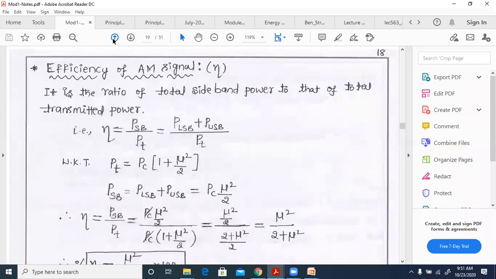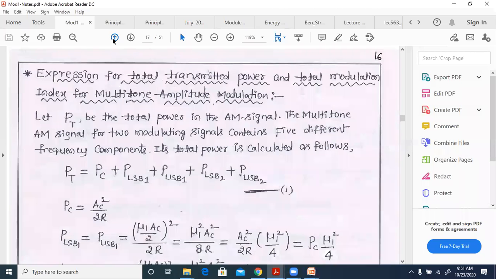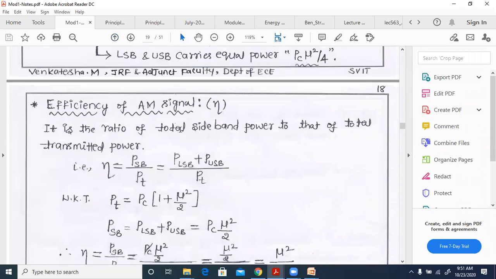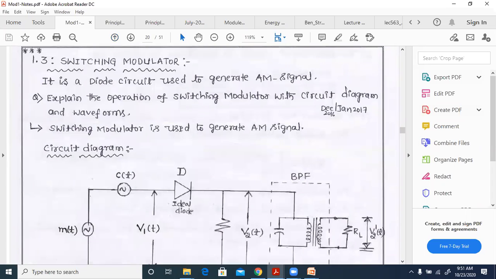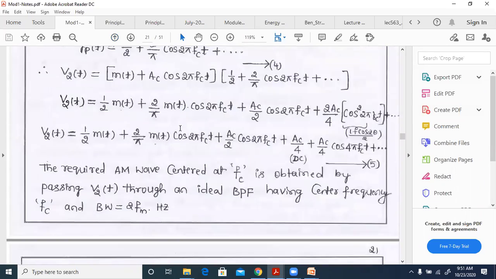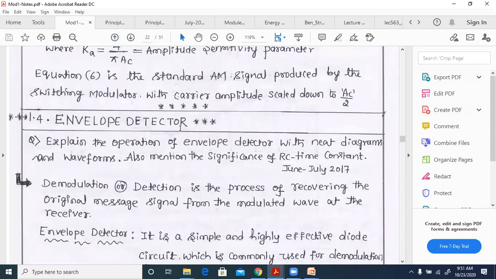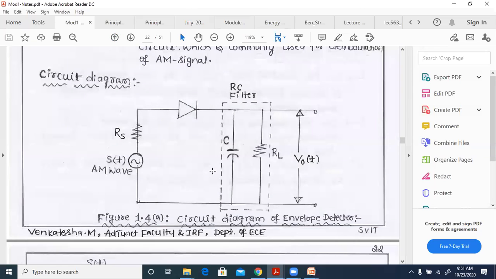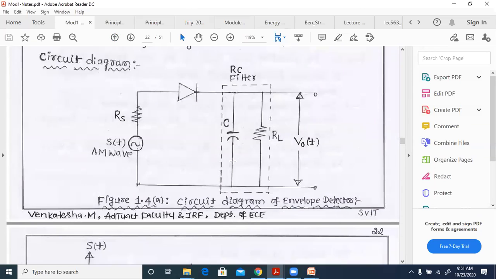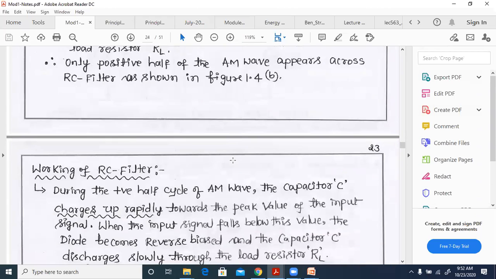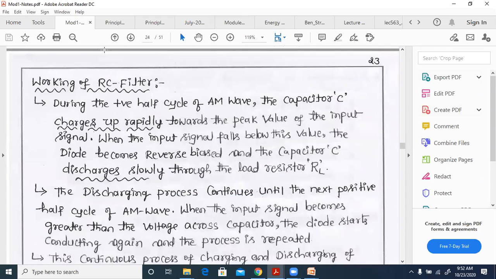Envelope detector will involve the demodulation. Whenever we talk about a detector, it just means demodulation. It's not a modulator we want, it is a detector. So the envelope detector is this figure which is used for demodulation. You need to write all these and explain. Okay.